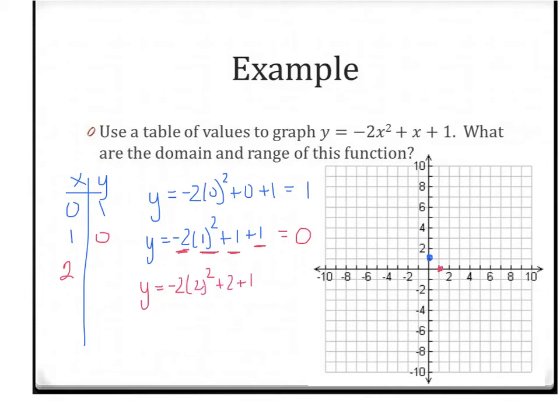Let's try 2. In this case, this is going to be 4 times negative 2, which is negative 8. Negative 8 plus 2 is negative 6, plus 1 is negative 5. On the last one we went ahead and went to the other side, so let's try negative 1.